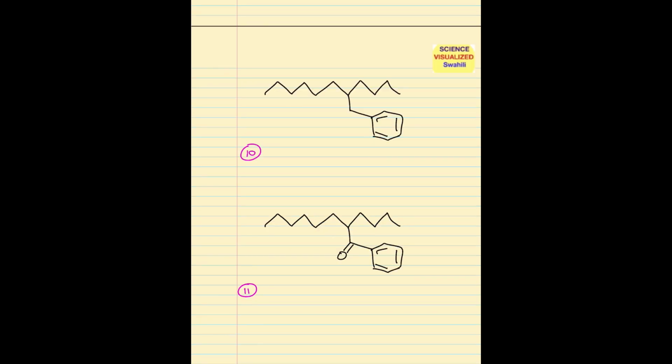Number 10. Now we have a straight chain. You can see that it will be shorter if we start counting from the right. So 1, 2, 3, 4, 5, 6, 7, 8, 9, 10, and 11, just like what we saw before, undecane. But now what we have here is a CH2 group connected to a benzene ring.